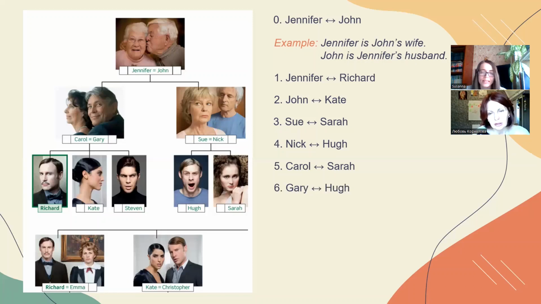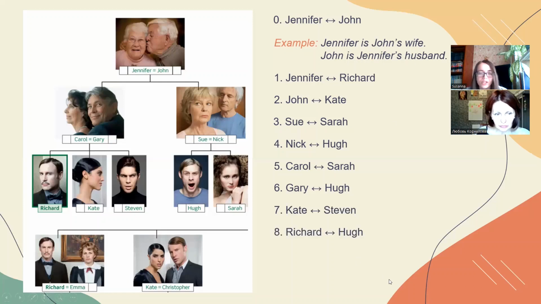Can you repeat this sentence once again to revise? Hugh is Gary's nephew. Yes, correct. So next, Kate and Steven. Kate is Steven's sister. Steven is Kate's brother. Correct.